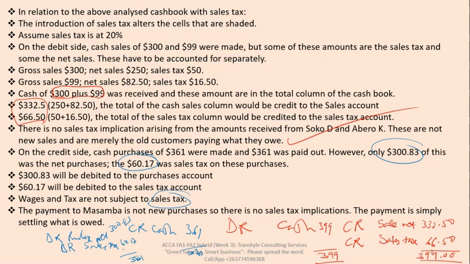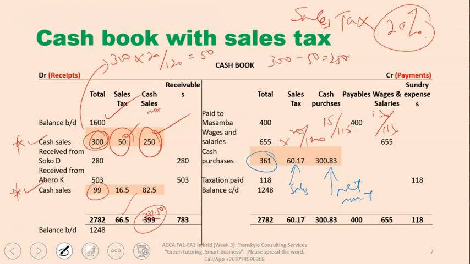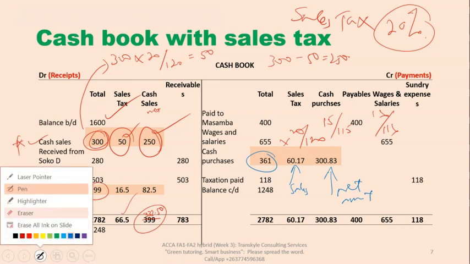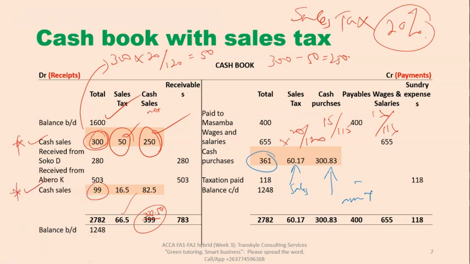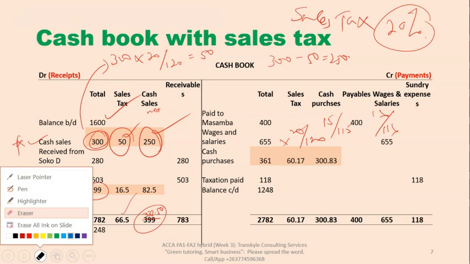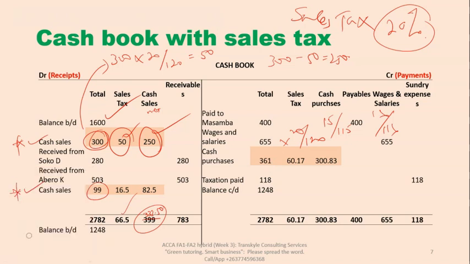Okay, all right. But you might also say, hey, I'm still confused because there is another tax there and you are only talking about sales tax. What about this other tax? Why is it appearing on the cash book and it is just a silent underdog? This one, this guy here.